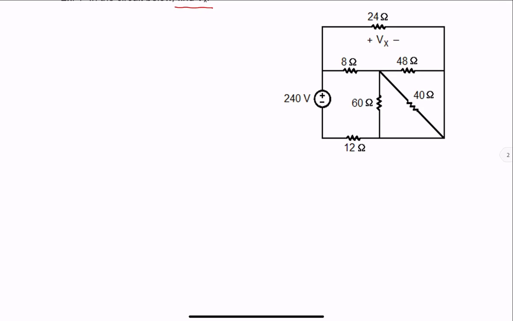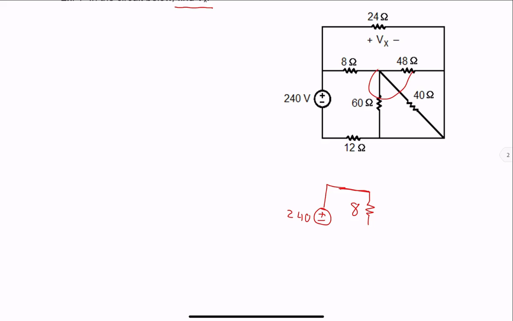So we have a power supply on the left side. Let's start with that. 240 volts. Top of that is connected to an 8 ohm resistor.